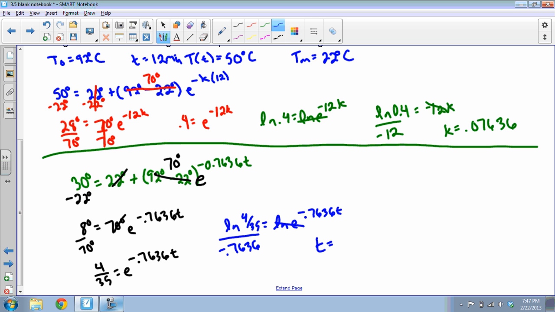So natural log of 4 divided by 35, divided by negative 0.07636, gives me a negative number, negative 63.54. Which seems a little bit weird that it would give me a negative number. But I'm going to go with it for now. So that's my answer right there.